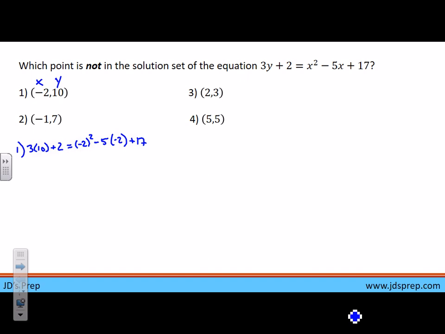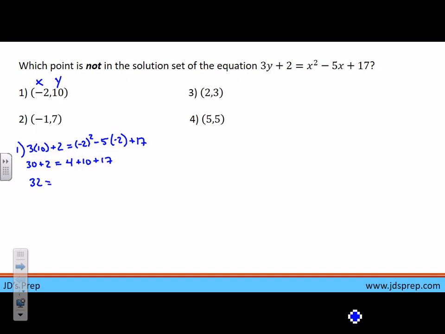Now I begin to simplify both sides. On the left side, I have 3 times 10, which is 30, plus 2. On the right side, -2 squared is +4. Minus 5 times -2 will give me plus 10, plus 17. 30 plus 2 on the left side gives me 32.